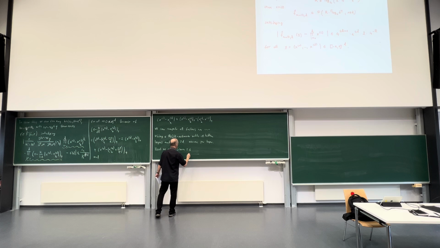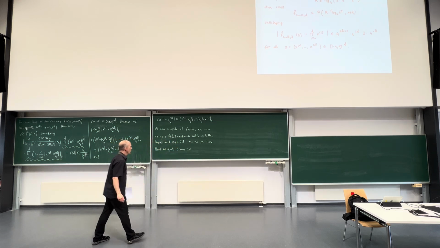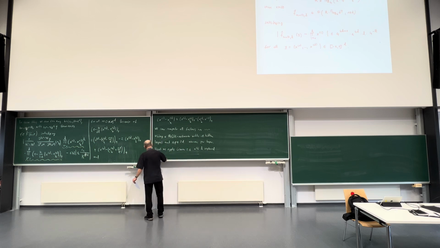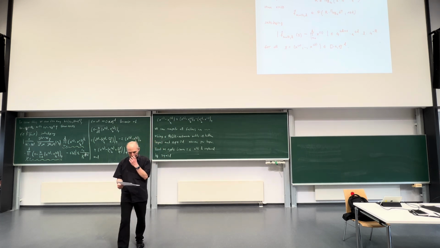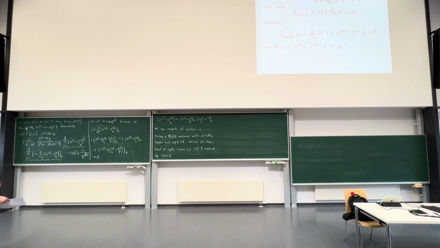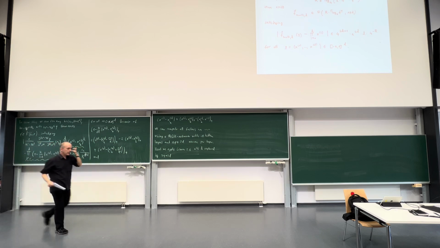To compute the whole term, well, we have to multiply with something here, but that's not important. That you can do in the output layer. You can modify the weights.